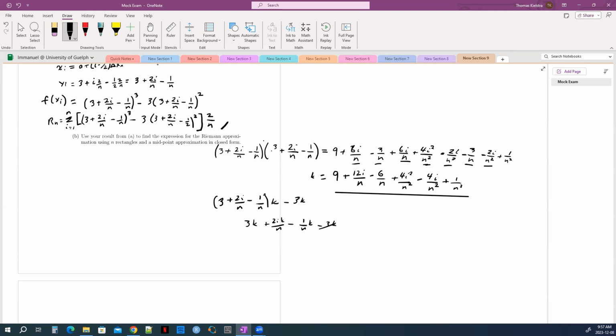And we can see why I did this, because these are going to cancel. And now what we're going to do is multiply 2i over n minus 1 over n times this expression here of 9 plus 12i over n minus 6 over n plus 4i squared over n squared minus 4i over n squared plus 1 over n squared.